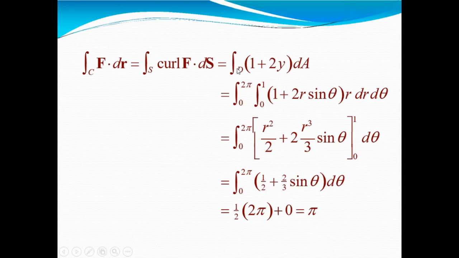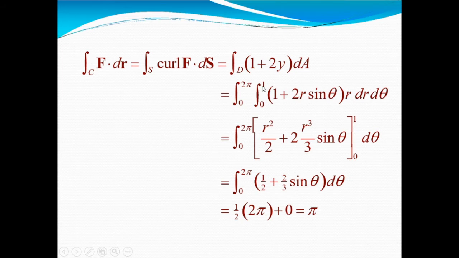So here we take the values over D, hence the integral over D, where curl F is 1 plus 2y, into dA. Next, if you consider the values of dA, it can be written as integral 0 to 2π and integral 0 to 1. The value of curl F is 1 plus 2y. y can be written as r sin θ in terms of r and θ, and dA can be written as r dr dθ.